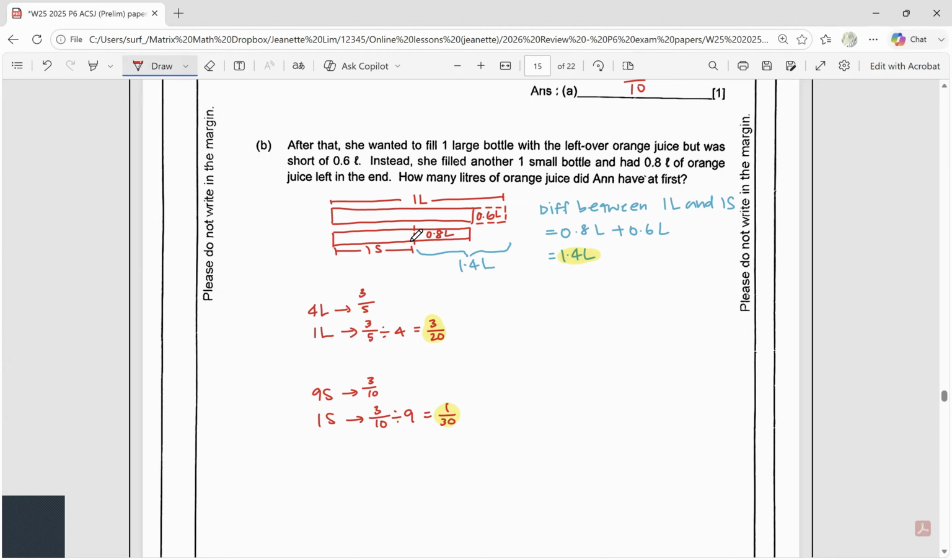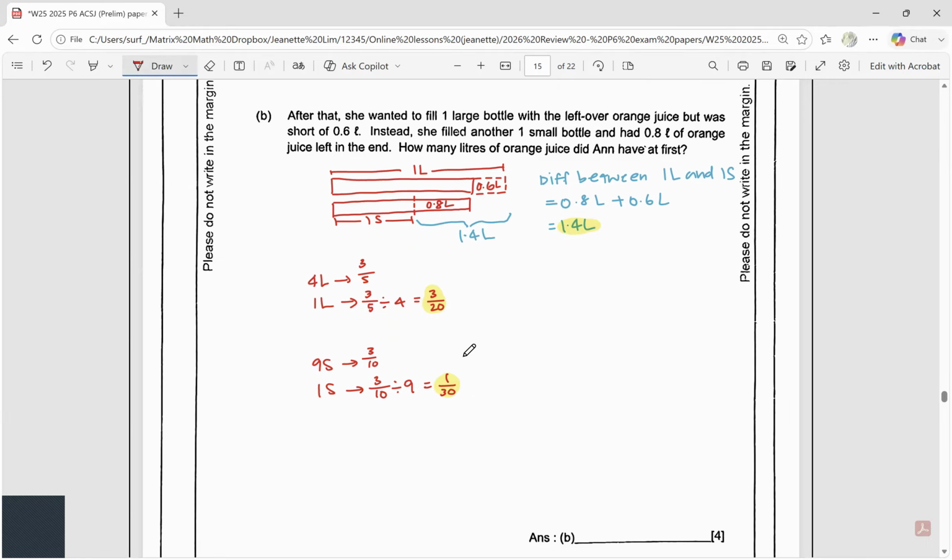I know 1 large versus 1 small gave me 1.4 liters. So the difference between these two fractions will give us 7 over 60. So 7 over 60 of the total, let's put T for total, is 1.4 liters.